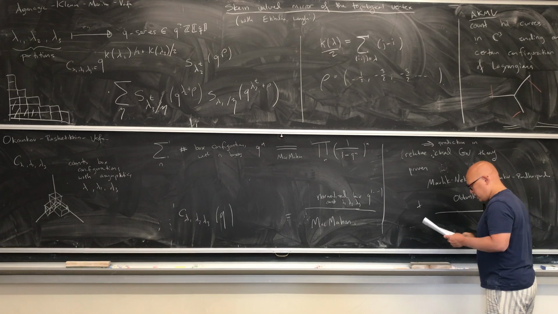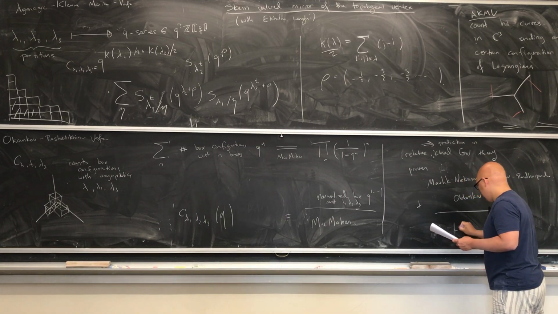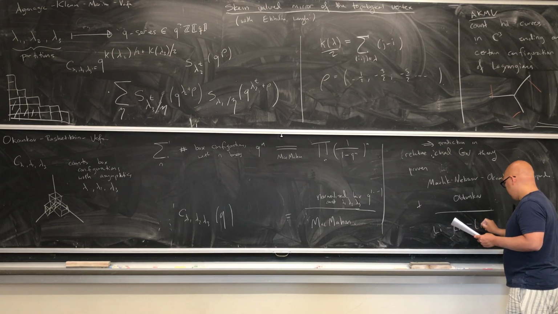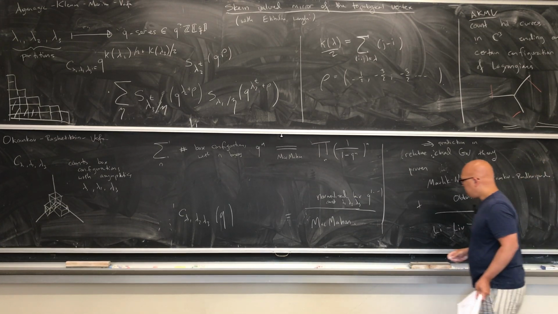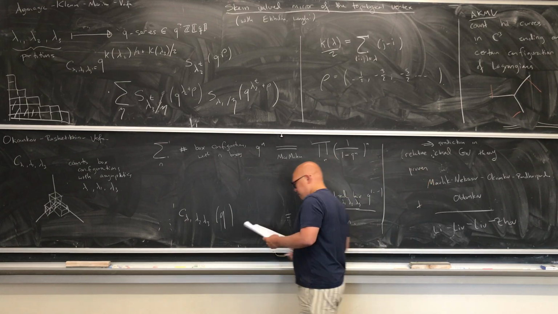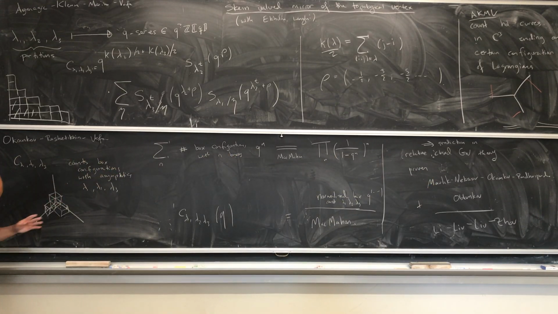And then there's another work by Jun Li, Melissa Liu, Kefeng Liu, and Jian Zhou. So these people proved mathematically that indeed this formula governs the closed relative Gromov-Witten theory in C3 relative certain divisors.